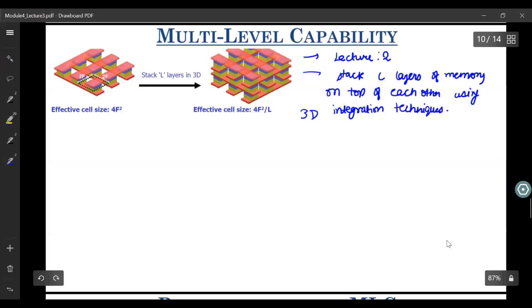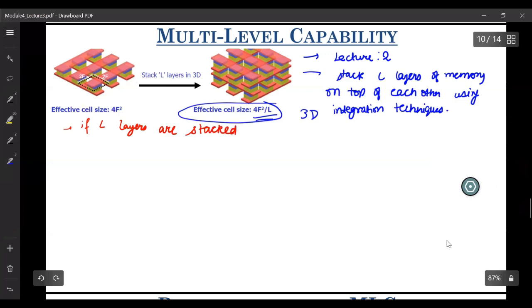And if we have L layers stacked on top of each other, the effective cell size reduces by L. So let me write that. If L layers are stacked, the cell size effectively gets reduced by how much?